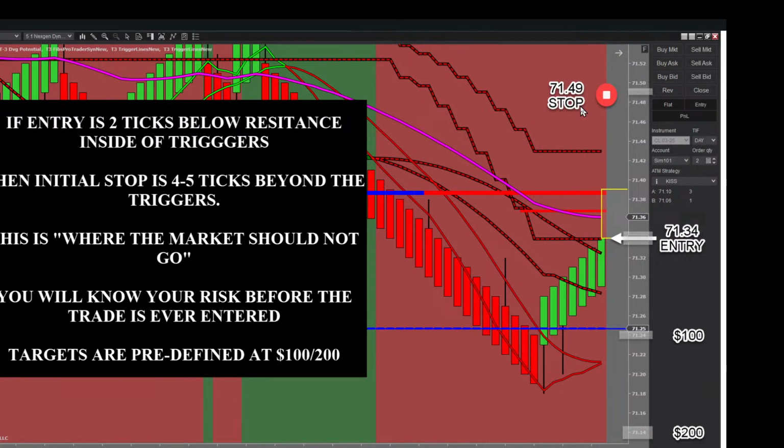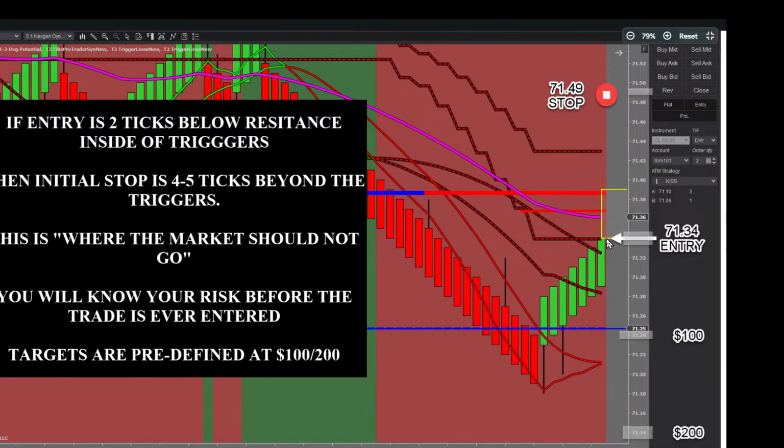You'll know your risk before you ever enter a trade, because you understand the concept of where the market should not go, and you can choose whether or not you accept that risk. If you're not comfortable with $150 per contract, then don't take the trade. But if you put your stop at $50 per contract, it's like they have cameras. They're just going to hit it and then go without you and laugh while you're in the rearview mirror.